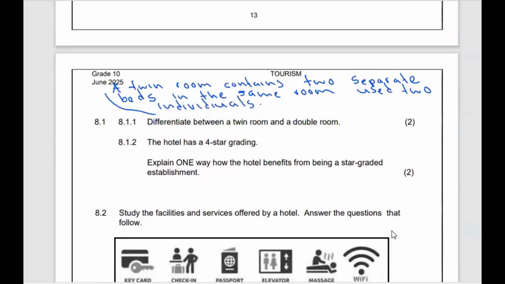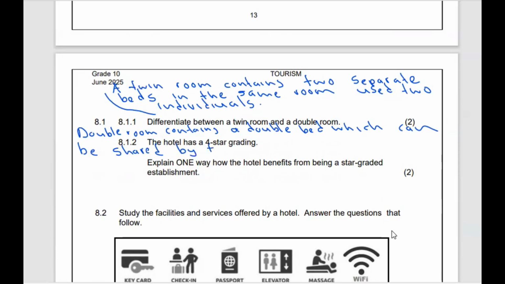Whereas a double room contains a double bed which can be shared by two people.